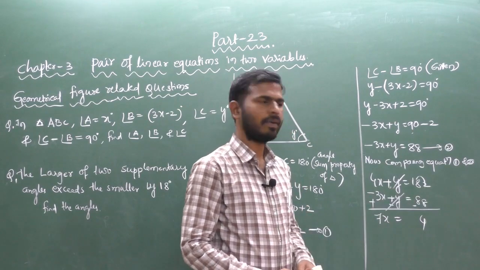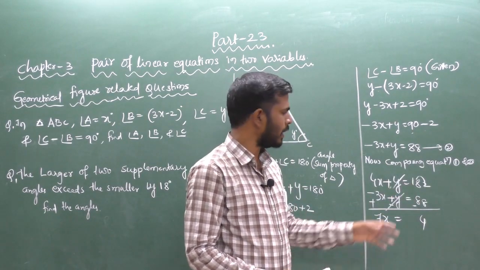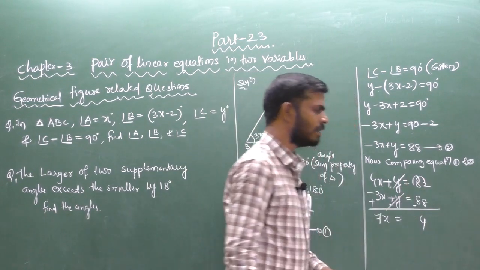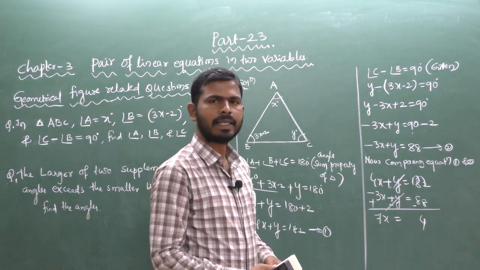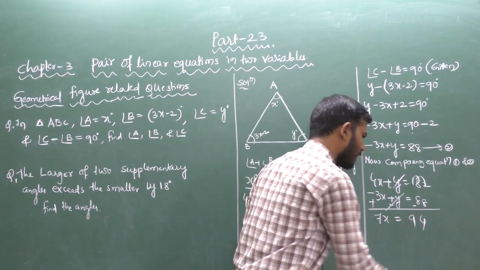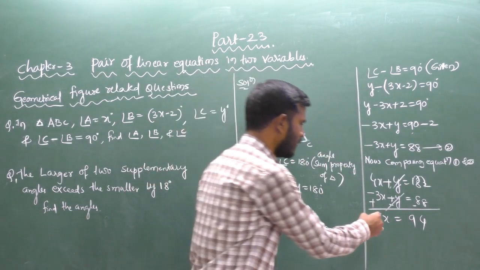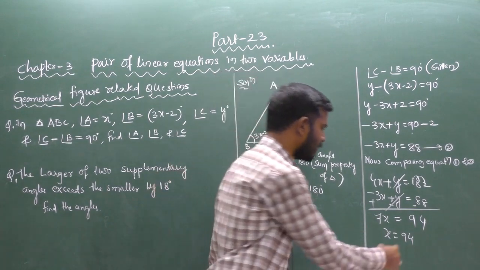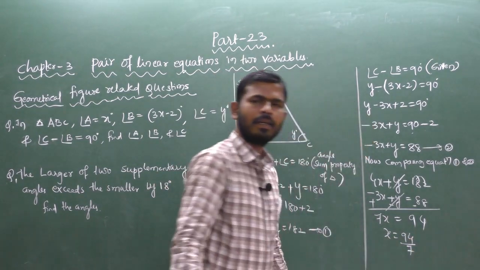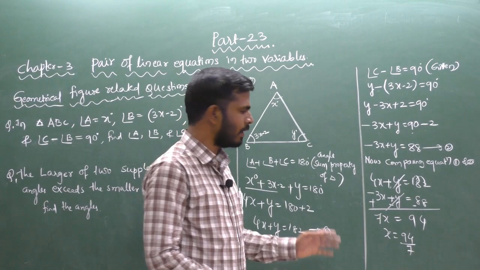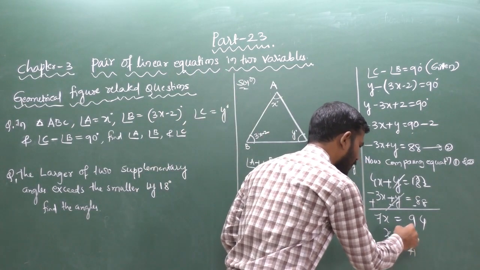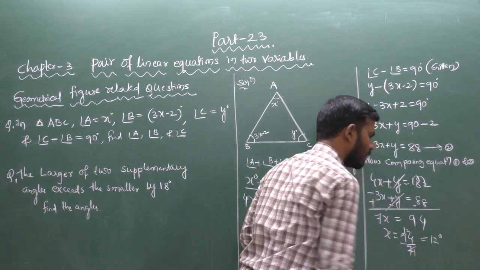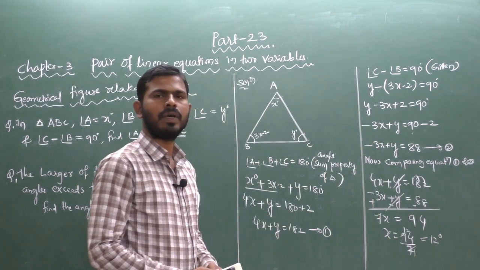Here the remainder is 7. 7 minus 8, comparing 7 and 8, 8 is greater, so I take carry here, that is 17. 17 minus 8 is 9. So next x equal to 94 divided by 7. Next you simplify, we get 7 ones are 7, 7 twos are 14. So x equal to 12 degree. The x value is 12 degree.